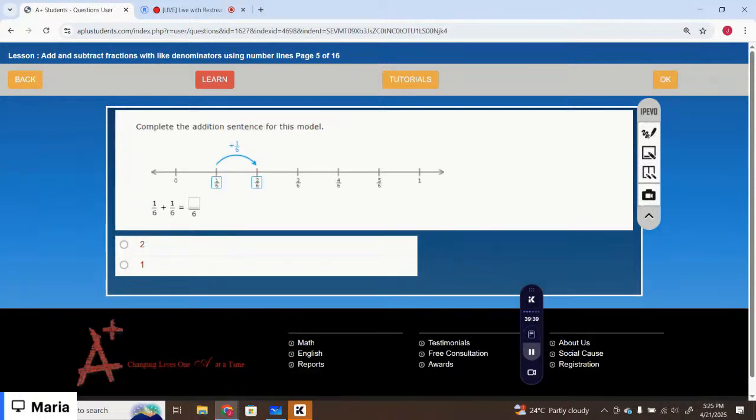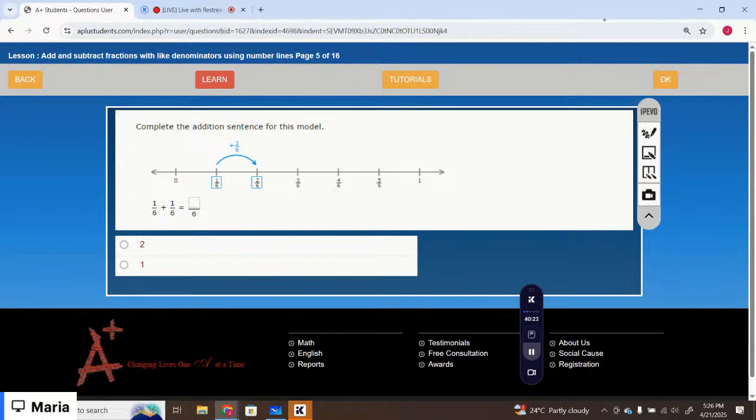Complete the addition sentence for the model. 1 by 6 plus 1 by 6 equals 2 by 6.